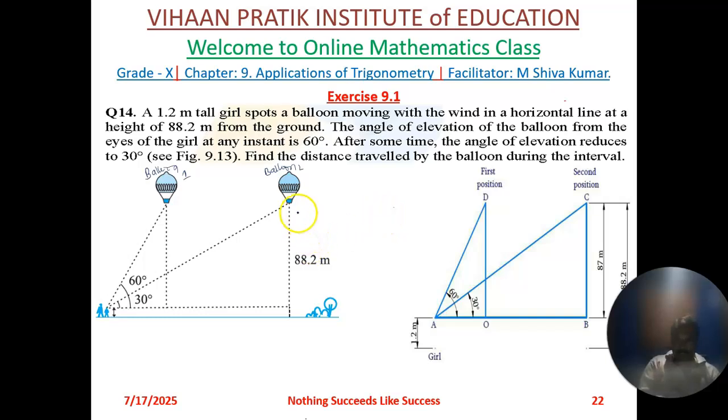The height of the balloon from the ground is given as 88.2 meters, but the height of the girl is 1.2 meters.